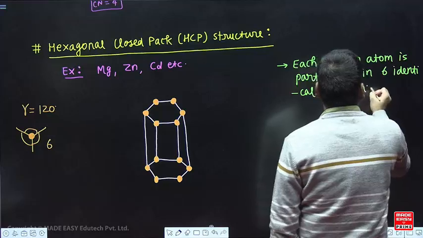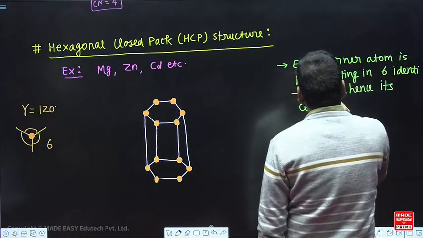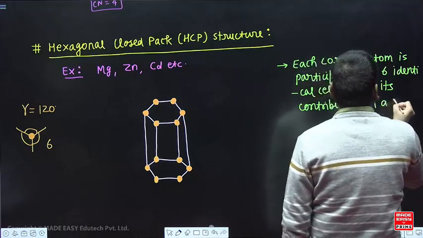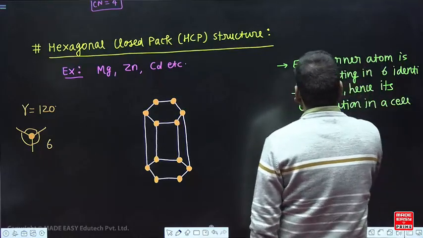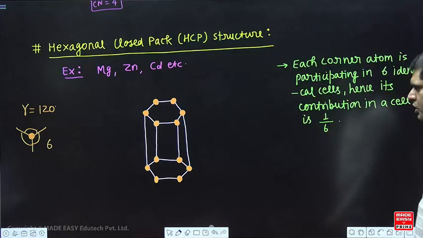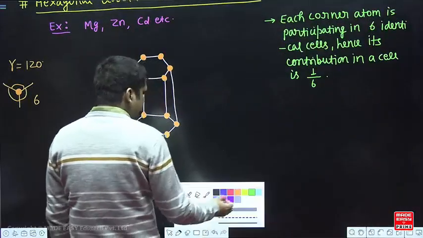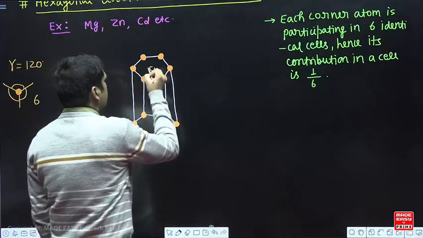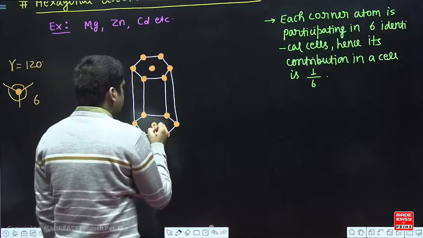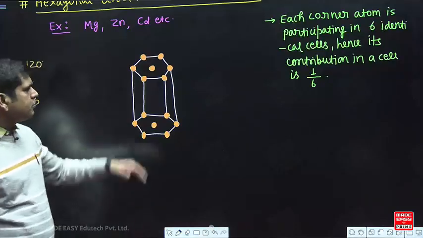Hence its contribution in a cell is 1 upon 6. First thing, there is one atom at the center of each face. So one atom at the center of the top face and one atom at the center of the bottom face. Face atoms still contribute 1 by 2.